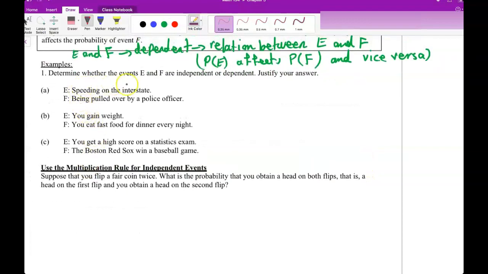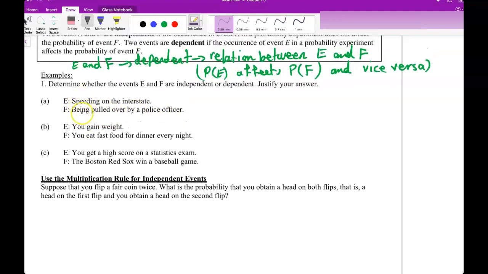Okay, now example, determine whether the events E and F are independent or dependent. Part A, we have these two events E and F. The first one on top, speeding on the interstate, and here F is being pulled over by a police officer. So obviously between these two we have a relation.